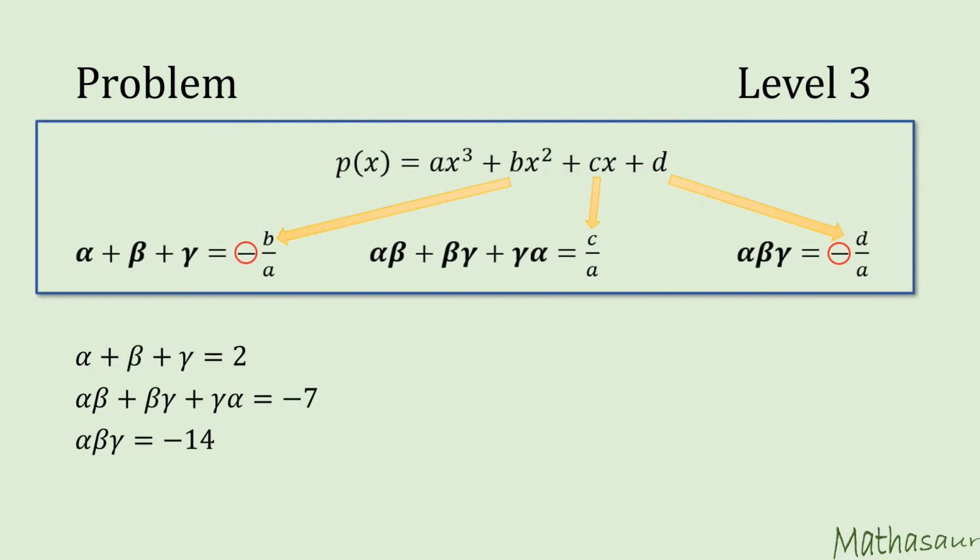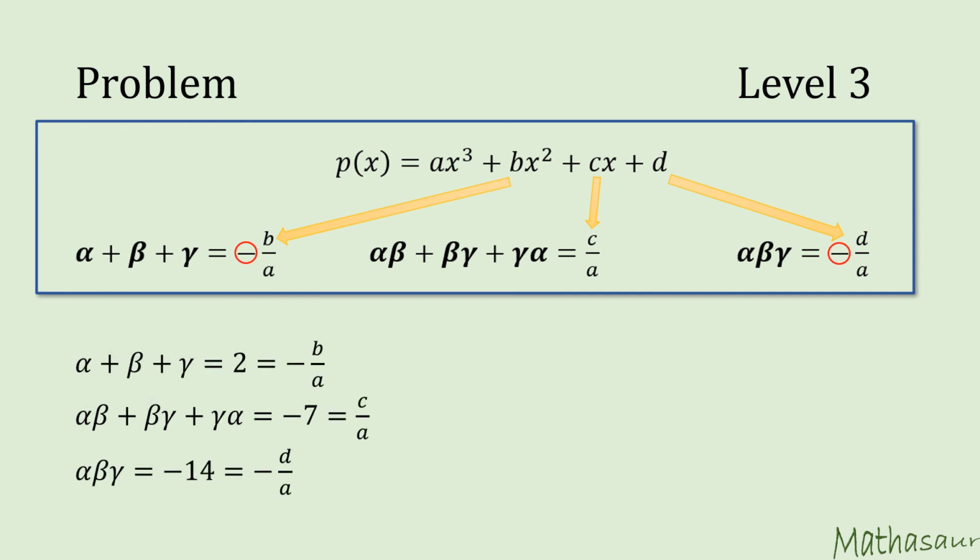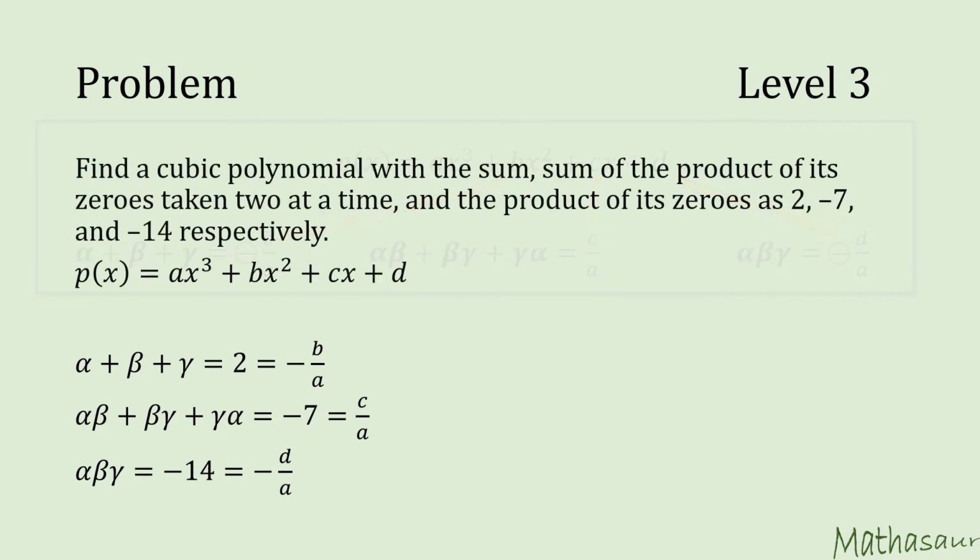Now recall the relationship between the zeros of a cubic polynomial and its coefficients. So we could write 2 equals minus b by a, minus 7 equals c by a, and minus 14 equals minus d by a. Now there are two unknowns in each of these equations. So let us assume a value for a.